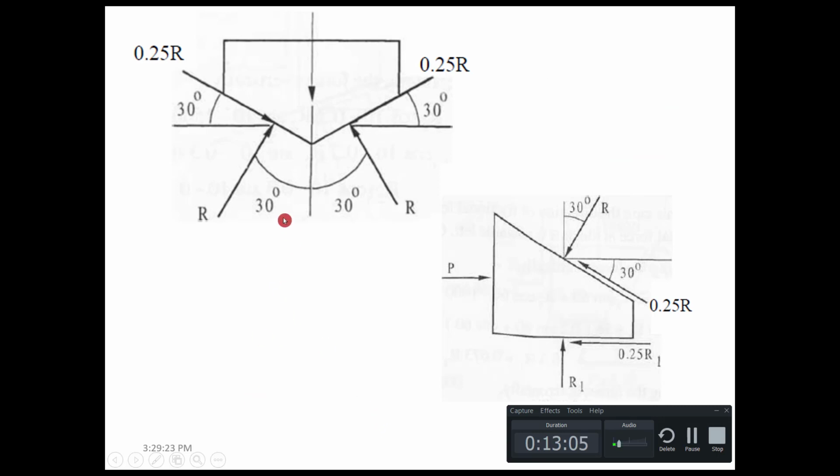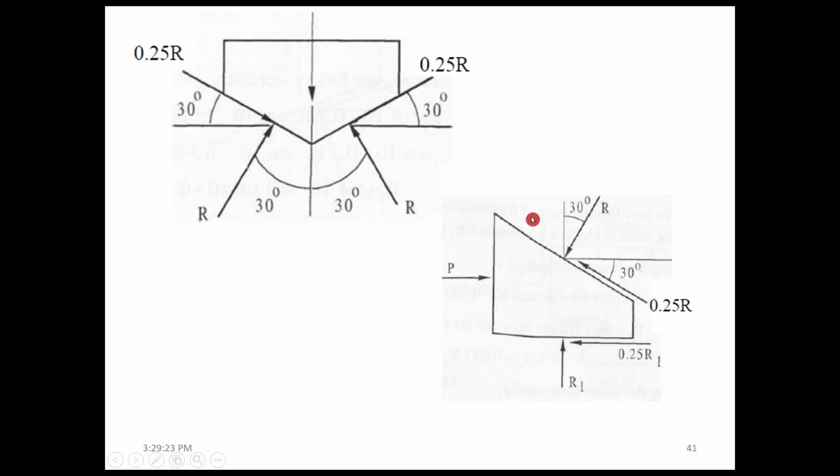Coming to the body C, we have two inclined surfaces, and the coefficient of friction is 0.25 for all surfaces. So between the body C and A, we have 0.25 R. Between the body C and B, we have 0.25 R, and the reactions are actually perpendicular to the inclined surface, and it is shown here.